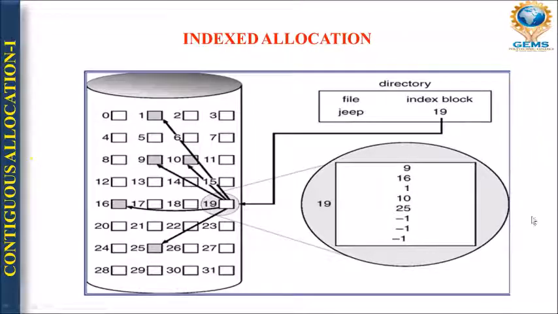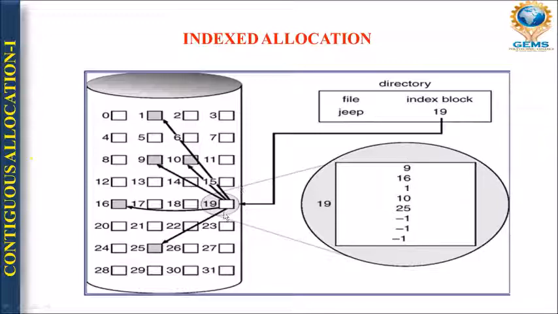Here it is showing that G is a file under some directory or folder and its index number is 19, and this 19 is allocated with 9, 16, 1, 10 and 25. What does it mean? That means this file G is taking these block numbers to save into the hard disk.